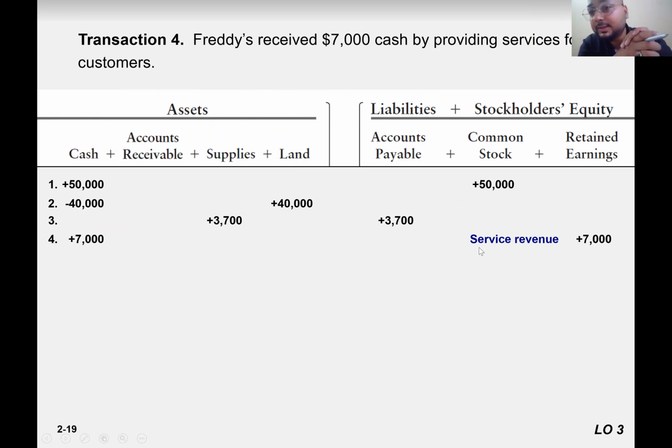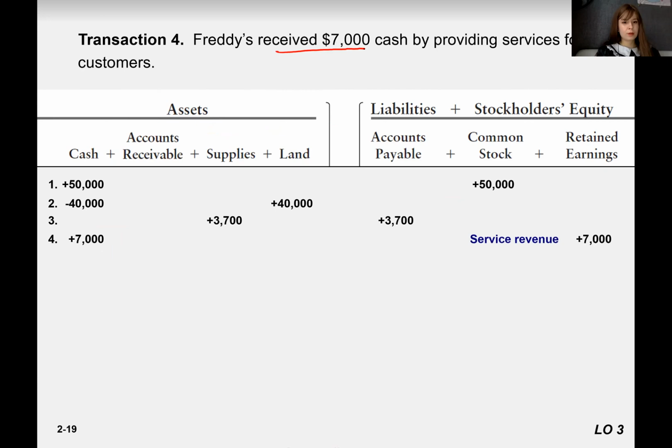So Freddy's received 7,000 cash by providing services to the customers. These are the customers who provide you the cash after receiving the services. Right, Ella? Money is not going to be received later. Money is received at the time of sale, at the time of services.